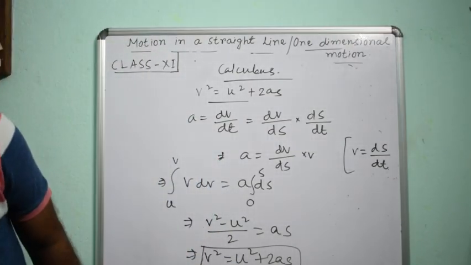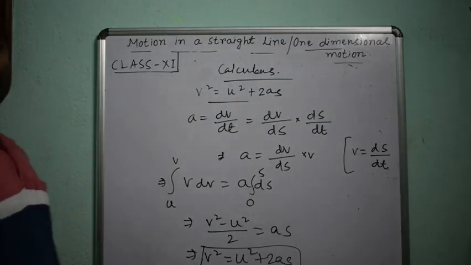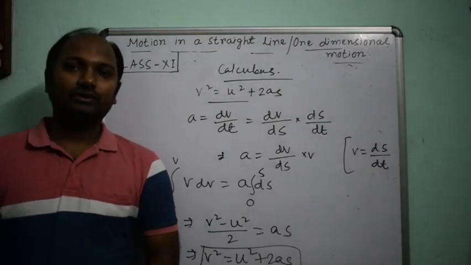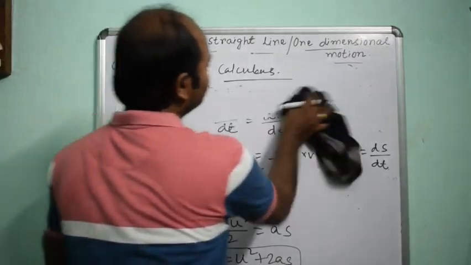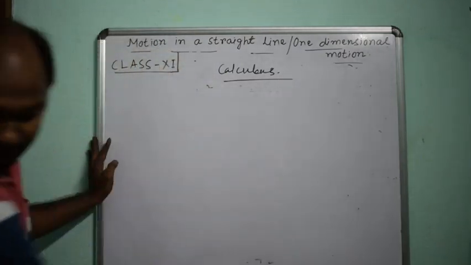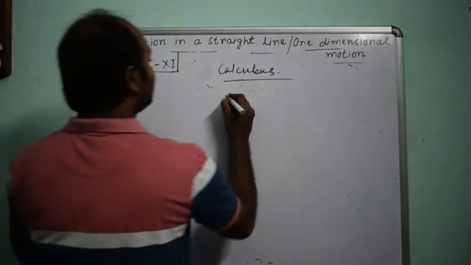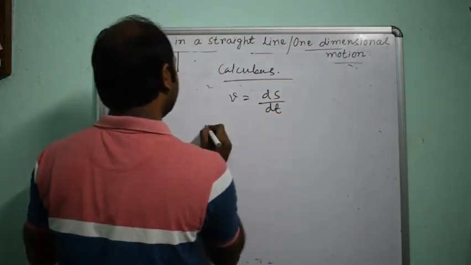Next, another equation of motion, which is s equals to ut plus half at square. v equals to ds by dt.